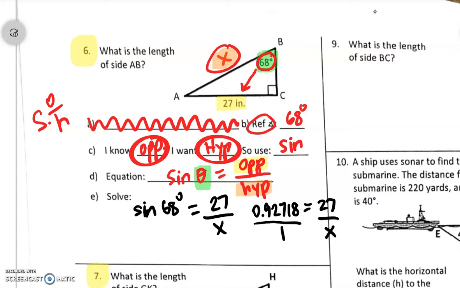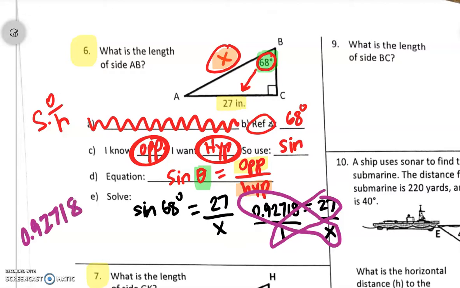Remember, we can put that decimal ratio over 1, and then we're going to solve this by cross multiplying. So 1 times 27 is equal to 0.92718 times x. So 0.92718 times x is equal to 27 times 1, which is 27. And we're going to divide both sides by that decimal number.